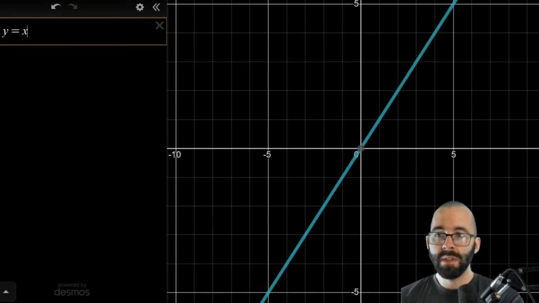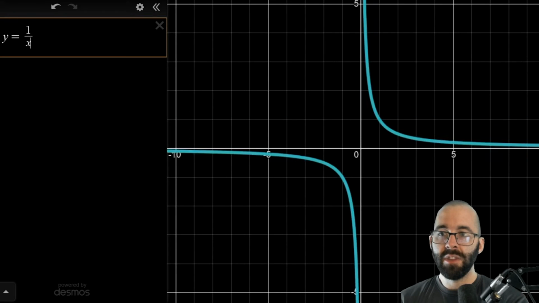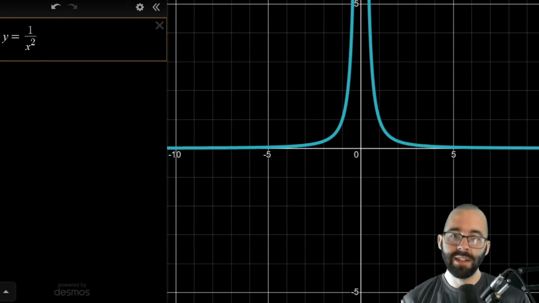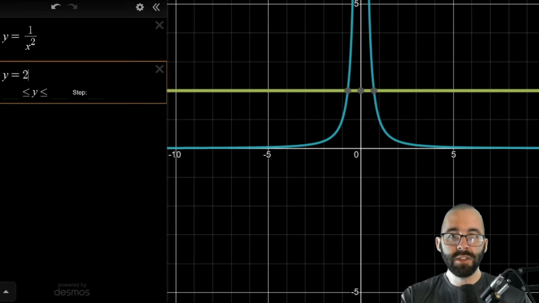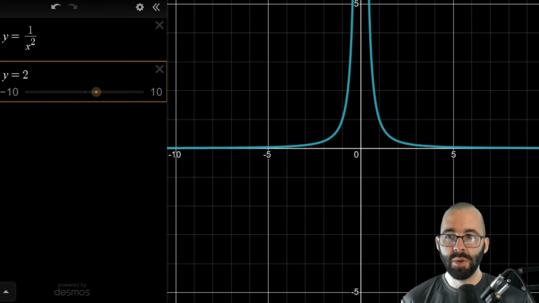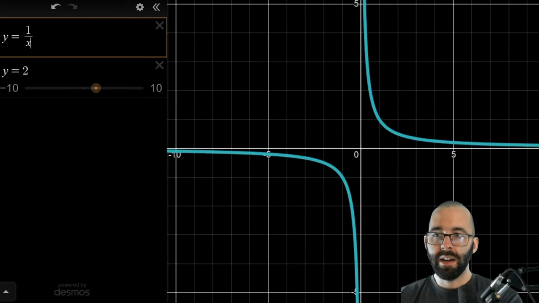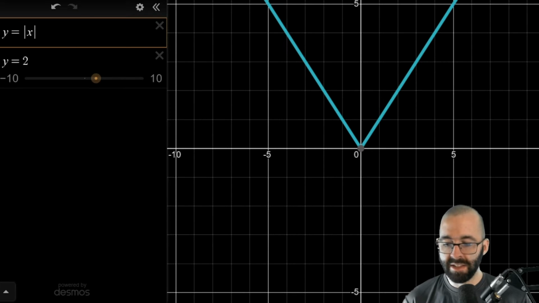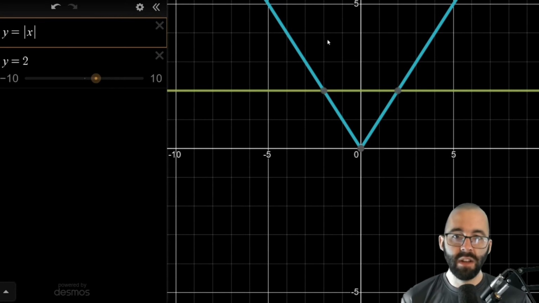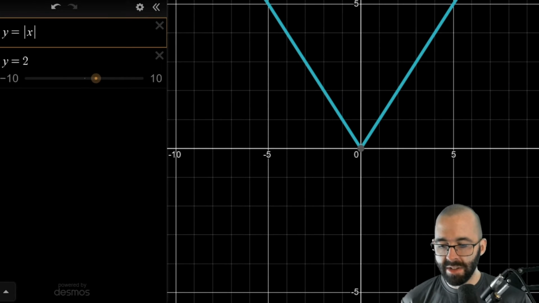So for example, if I look at this function, this doesn't have an inverse because it fails the horizontal line test. Here's a horizontal line that crosses the graph twice. Fails the horizontal line test. Another example, absolute value of x. This doesn't have an inverse, fails the horizontal line test, crosses twice. That doesn't have an inverse.